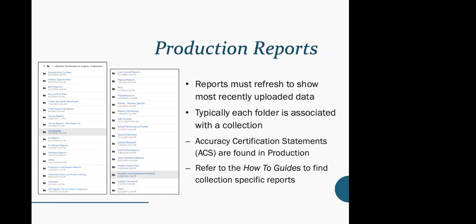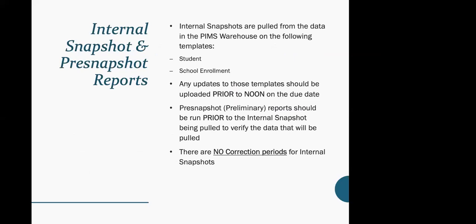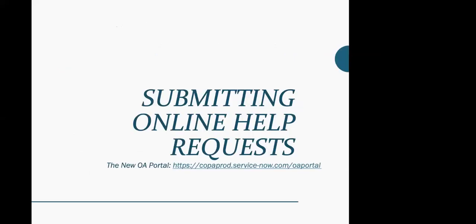And your how-to guides that we looked at before are great to tell you what specific reports you might want to look at. And once again, those are the refresh times. If you try to log in during noon to 2, this is what you're going to get. It's going to tell you the login failed because it's not going to let you look at a report while they are refreshing. And we did talk about our internal snapshots, how important they were, no correction periods, etc.